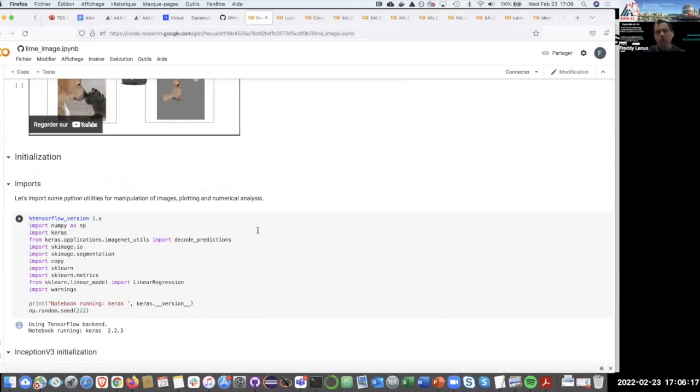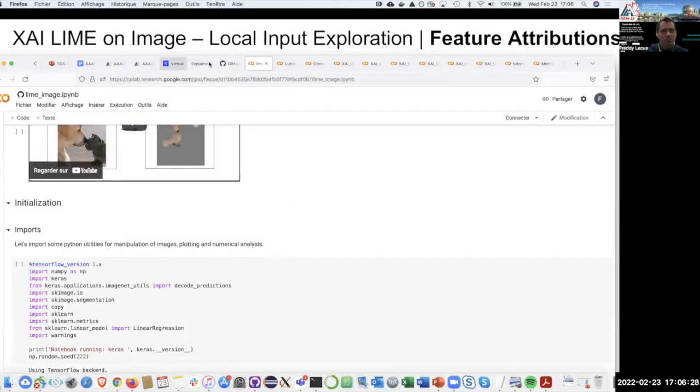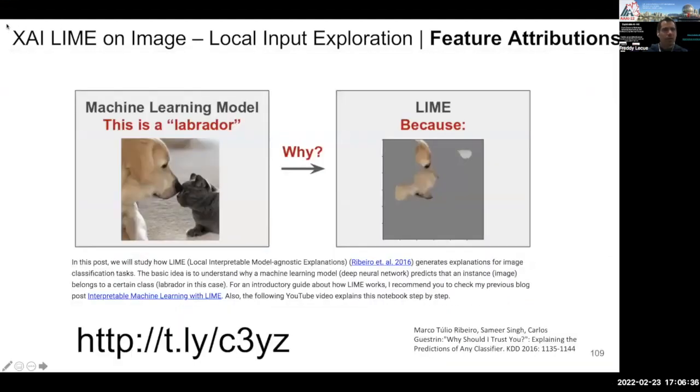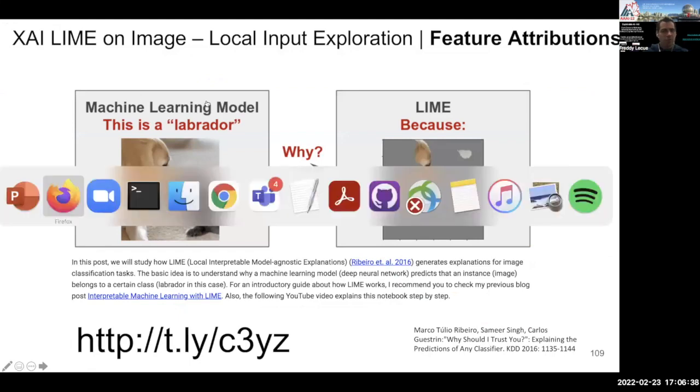So here I won't go cell by cell because there are 14 techniques. That's maybe too much to go through.